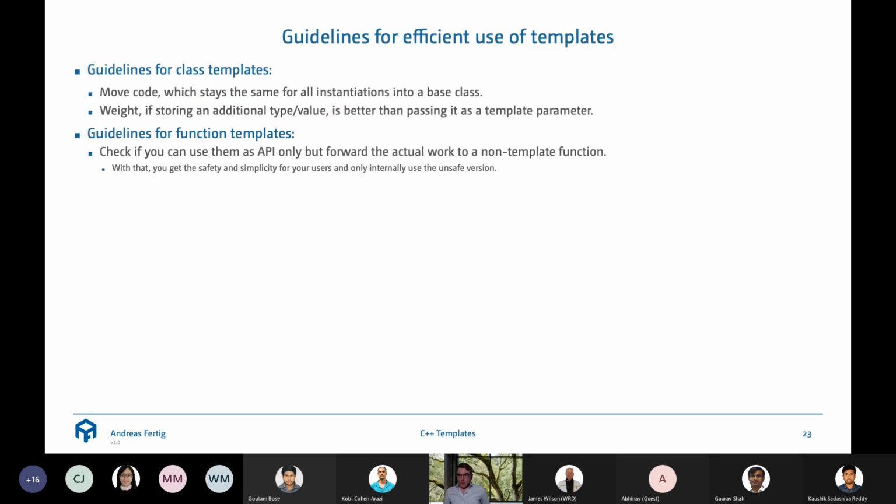So for class templates, what's the guideline? Basically the same as for function templates. Move the code which stays the same across all instantiations into a non-templated base class, because that one is then the same for all of these templates, and it exists only once, as a regular base class does.